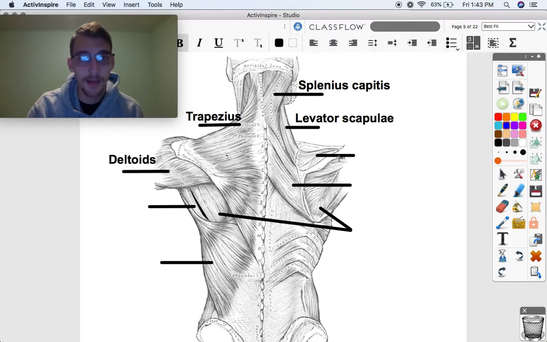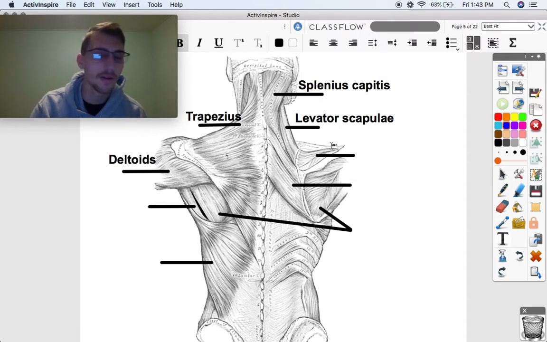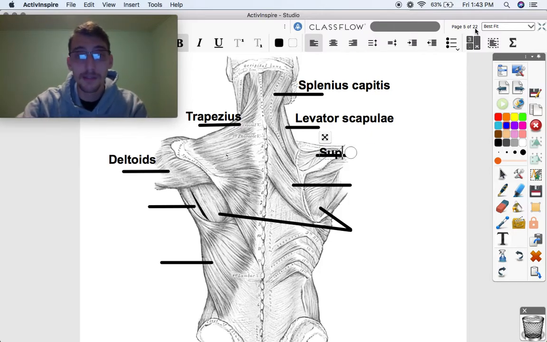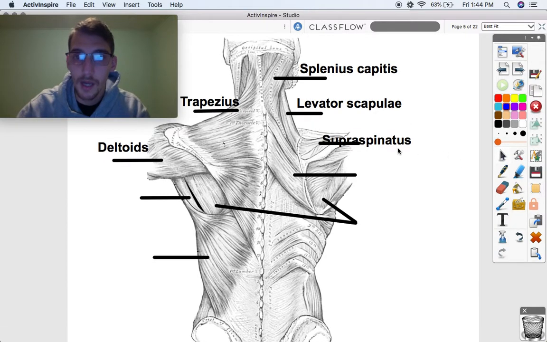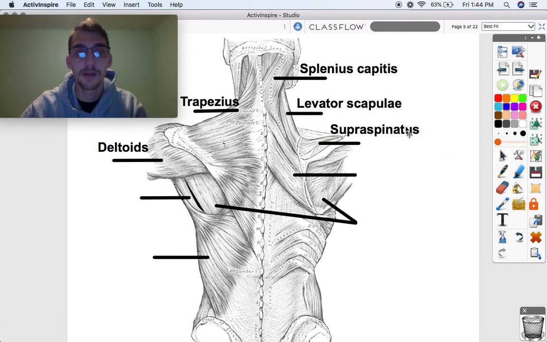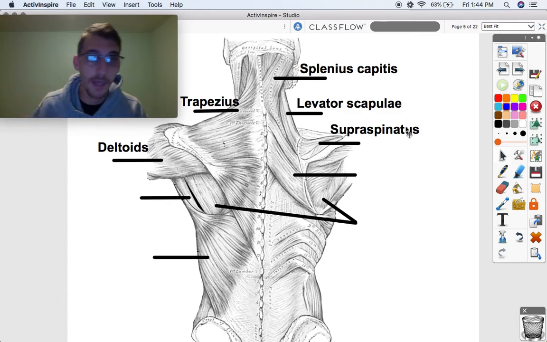We have a pair of muscles near the shoulders here that we're going to take a look at. This first one up here, inferior to the levator scapulae, is the supraspinatus. Supraspinatus. Supra is the prefix meaning above. So supraspinatus is another shoulder muscle.